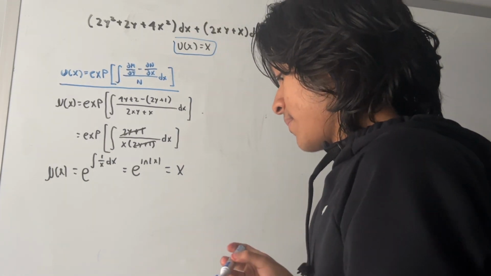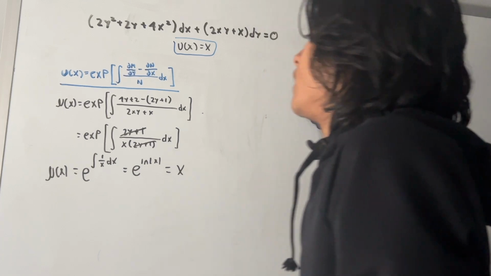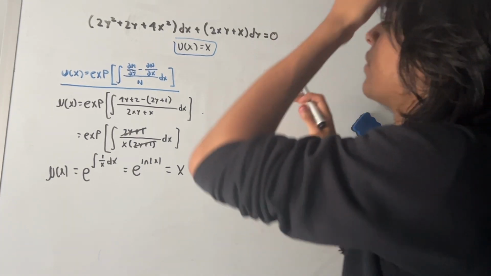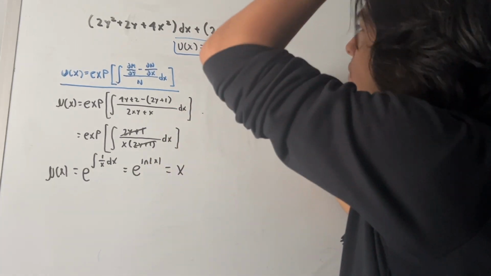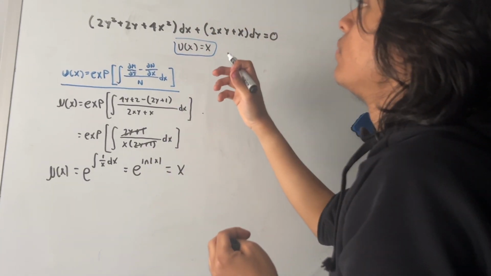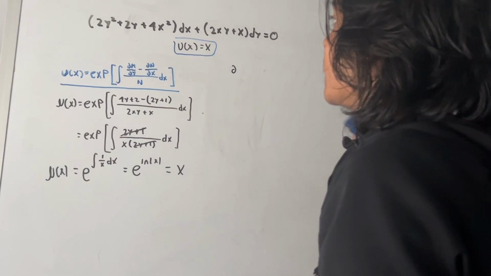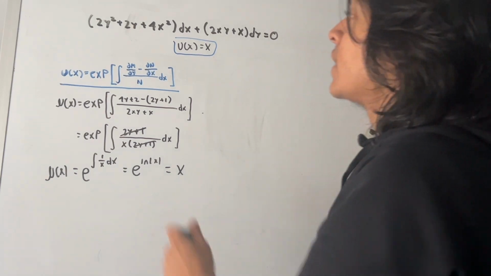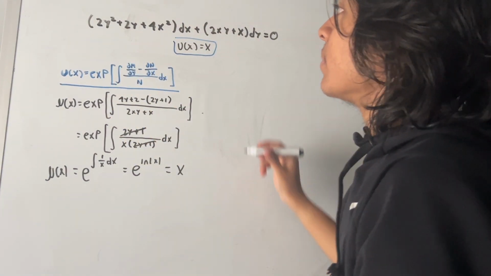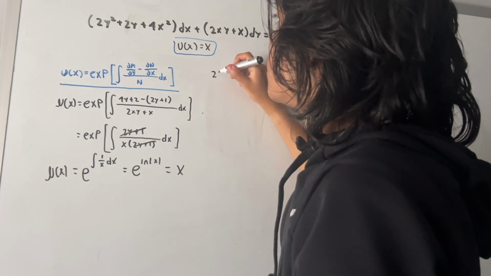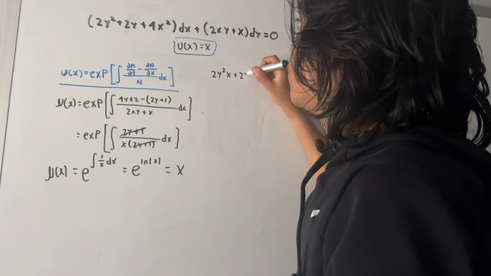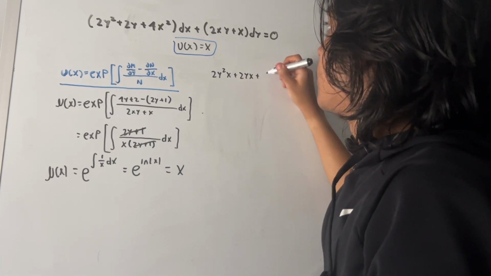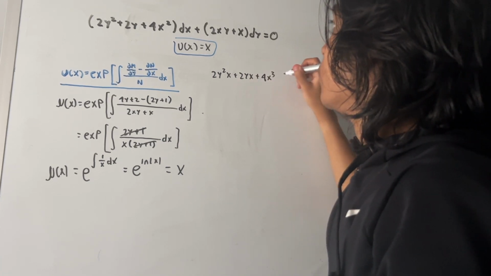So bam. And if we want to verify that, really, we're just multiplying everything by x. So let's just do that. When we multiply everything by x, we get 2y squared x plus 2yx plus 4x cubed.